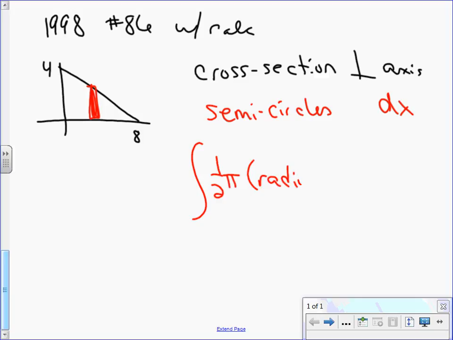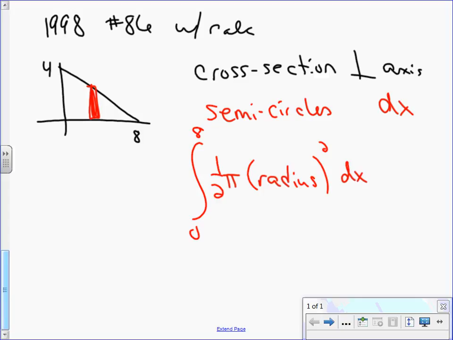If you want to write r, that's fine. I do better when I just say radius. It just helps. You can put the 1/2 in or you put the 1/2 out. And we are dx, so this is 0 to 8. When you're on the free response, if you write this down, this is a 3-point question every time. You get 1 point if you get this right in the structure, okay?